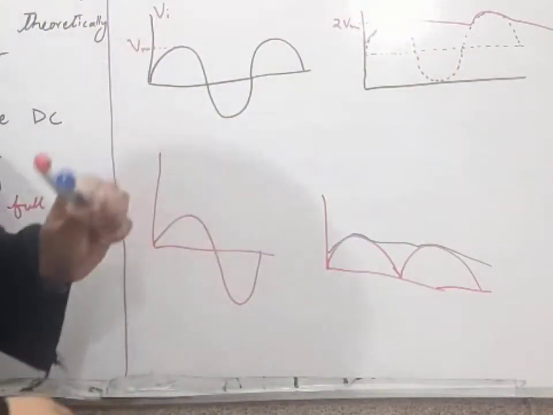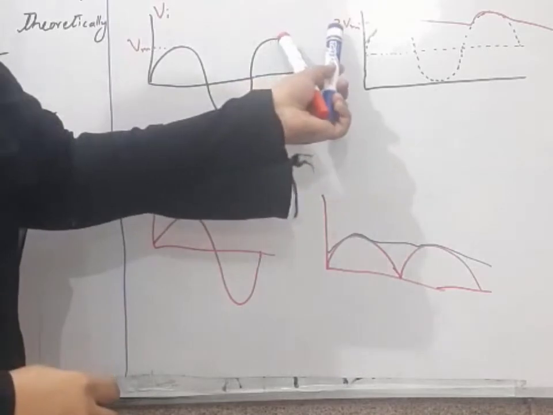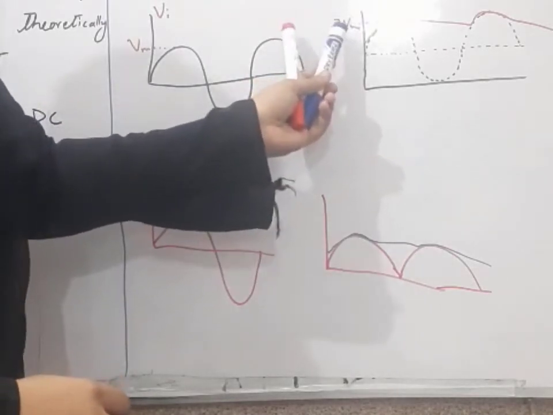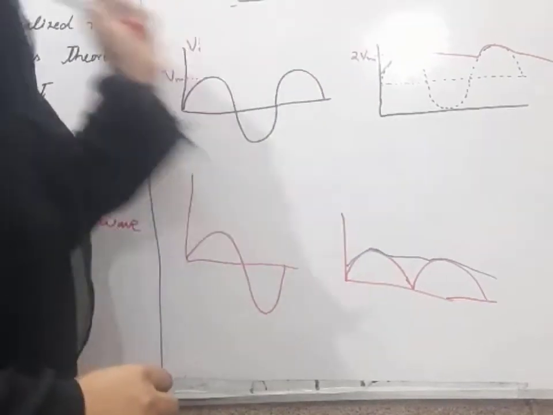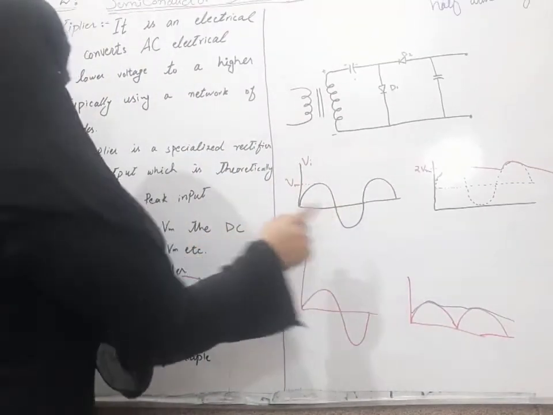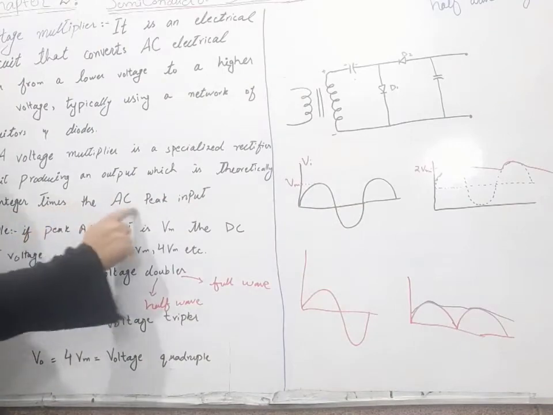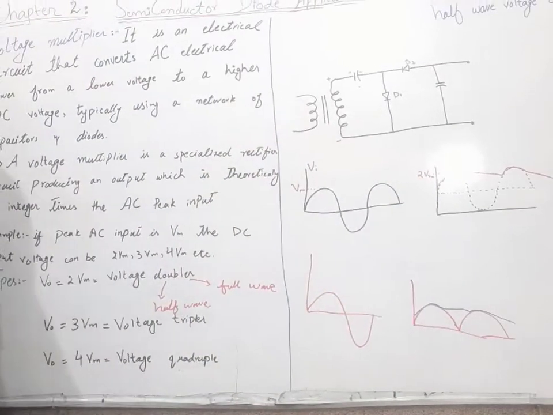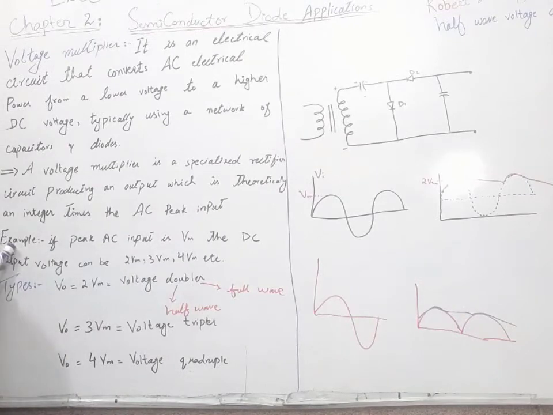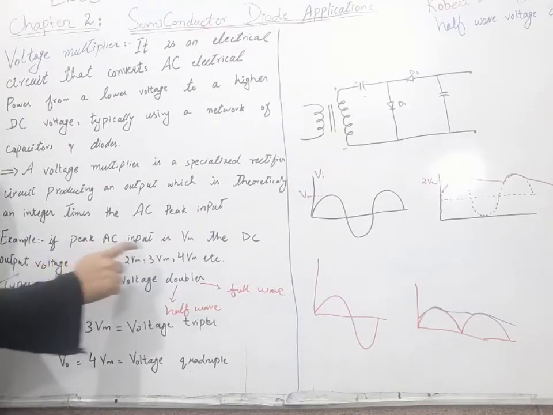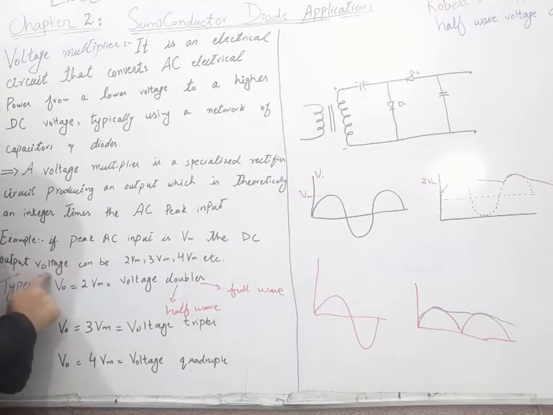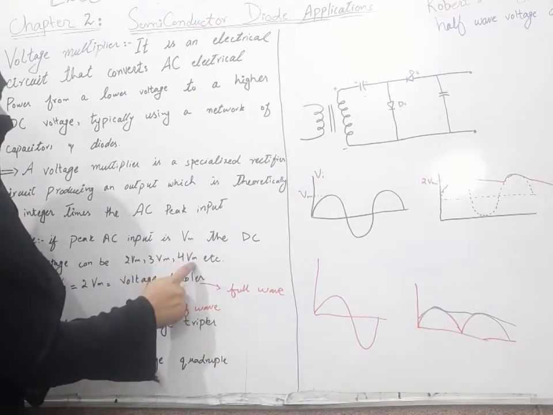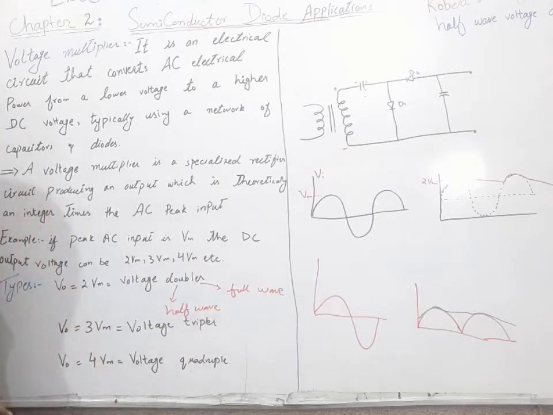The multiplier output is an integer times the AC peak input. For example, if the peak AC input is Vm, the DC output voltage can be 2 Vm, 3 Vm, 4 Vm, where Vm shows the maximum voltage.